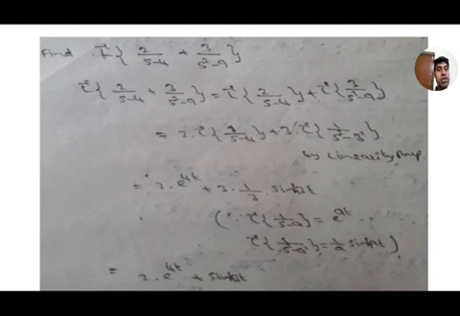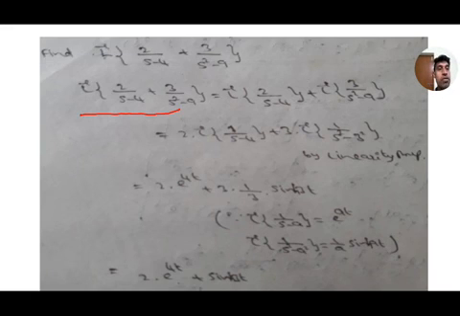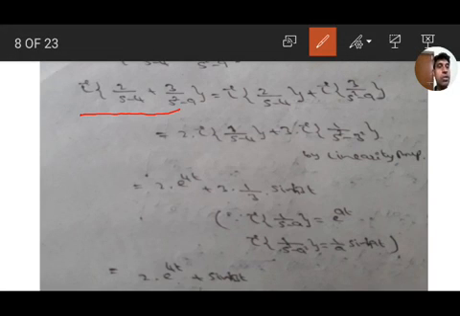Find the L inverse of 2 by s minus 4 plus 3 by s square minus 9.